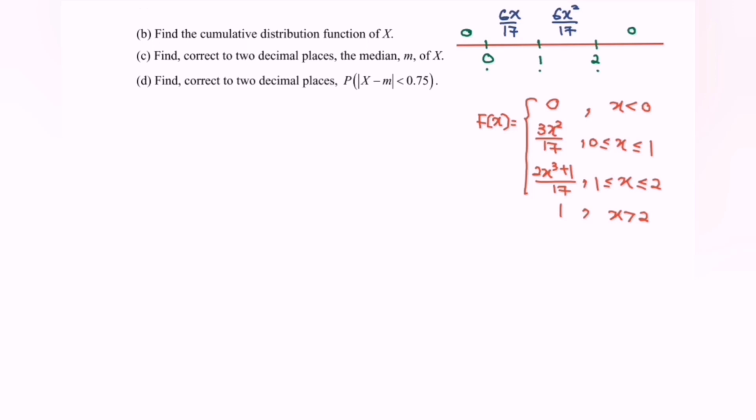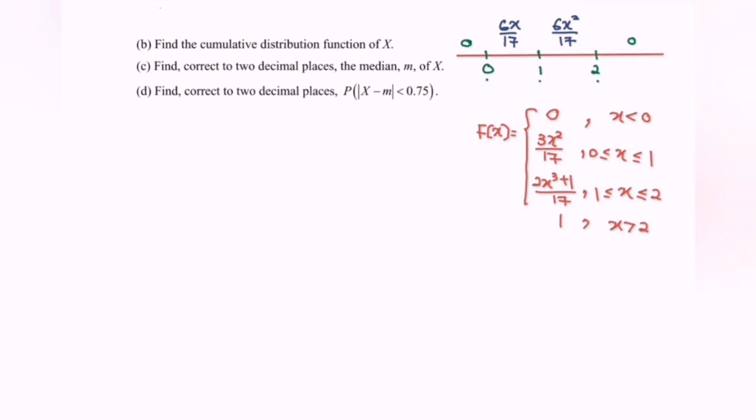For question D, find, correct to two decimal places, the probability that the modulus of x minus m is less than 0.75. Previously we already determined the value of m, which is 1.55. So the probability that x minus 1.55 is greater than negative 0.75 and less than 0.75.